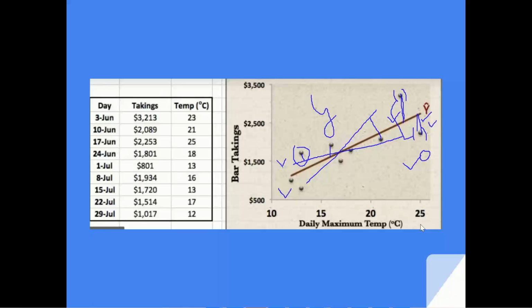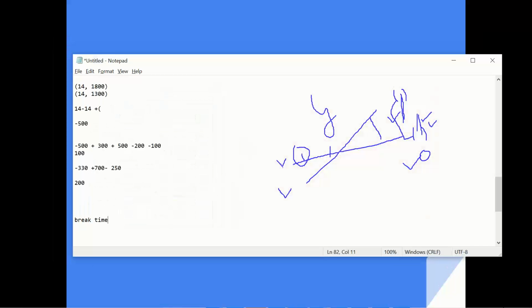The coordinates value 1800, 1300, how does it come actually? Can you please explain? Sorry? The coordinates value there in the notepad. How does it come? You are talking about these coordinates? Yes.